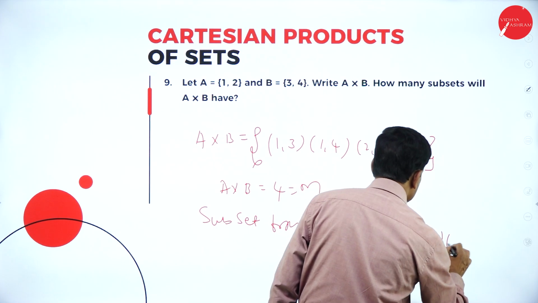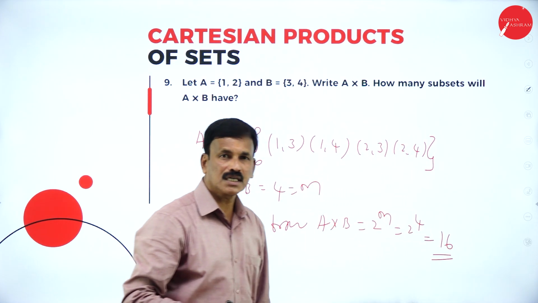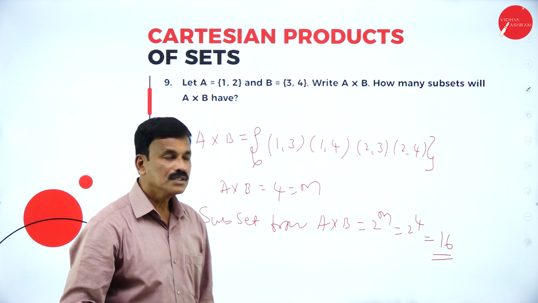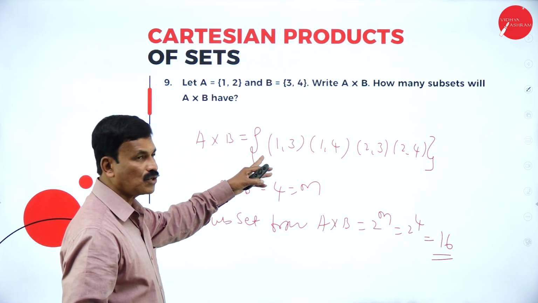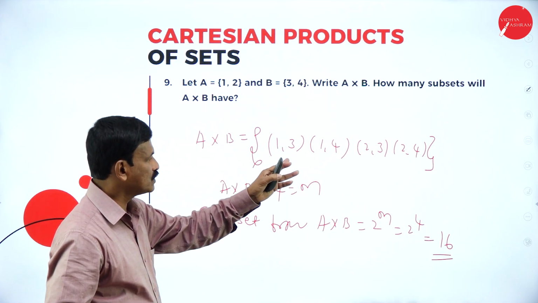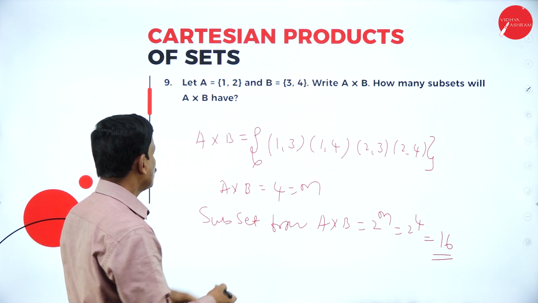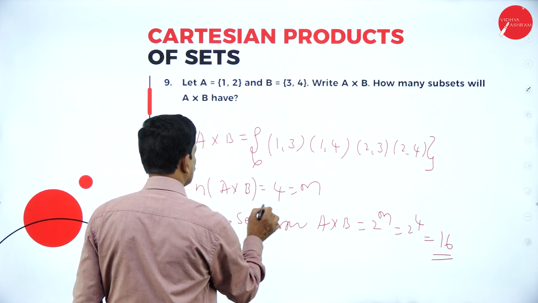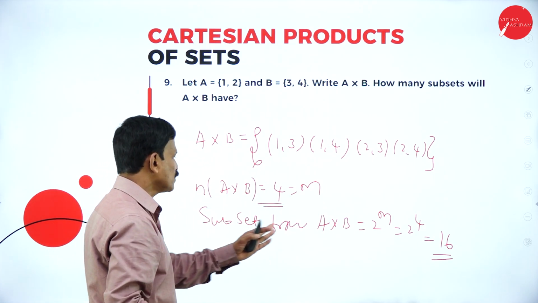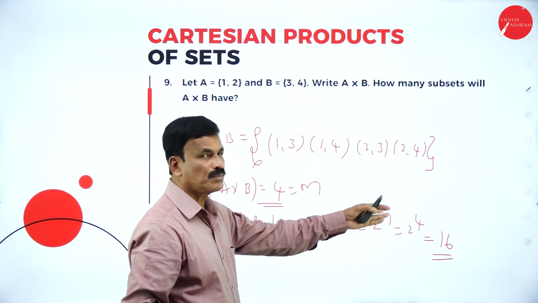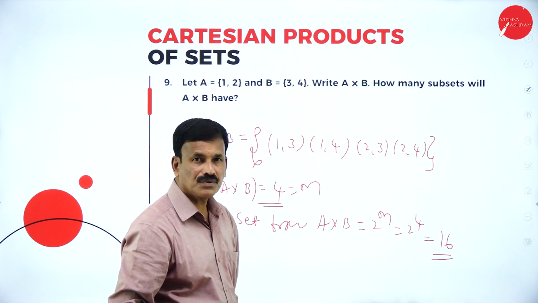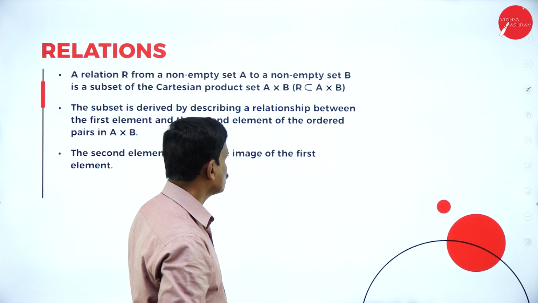So there are 16 subsets of A × B. See what is given: A × B is equal to {(1, 3), (1, 4), (2, 3), (2, 4)}. Therefore n(A × B) is equal to 4, that is nothing but m. The number of subsets is nothing but 2 to the power of m, that is 2 to the power of 4, which is 16. Now move on to the next problem.